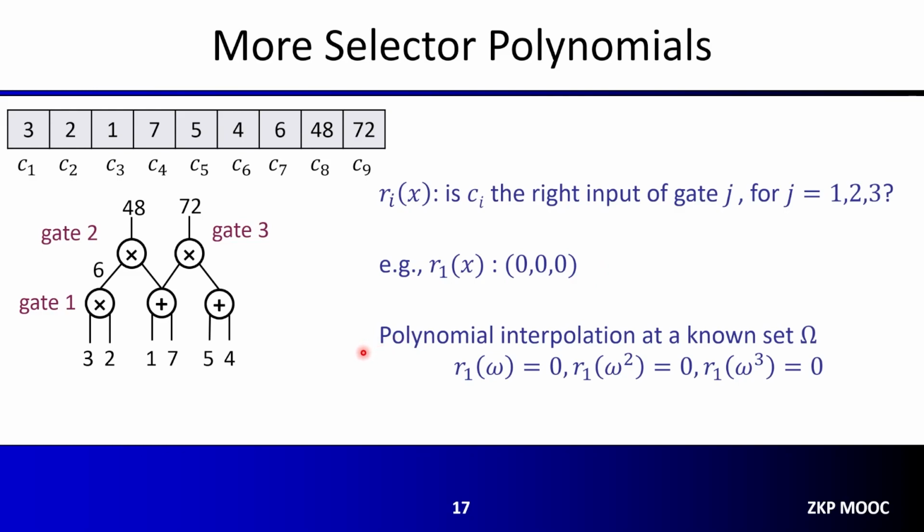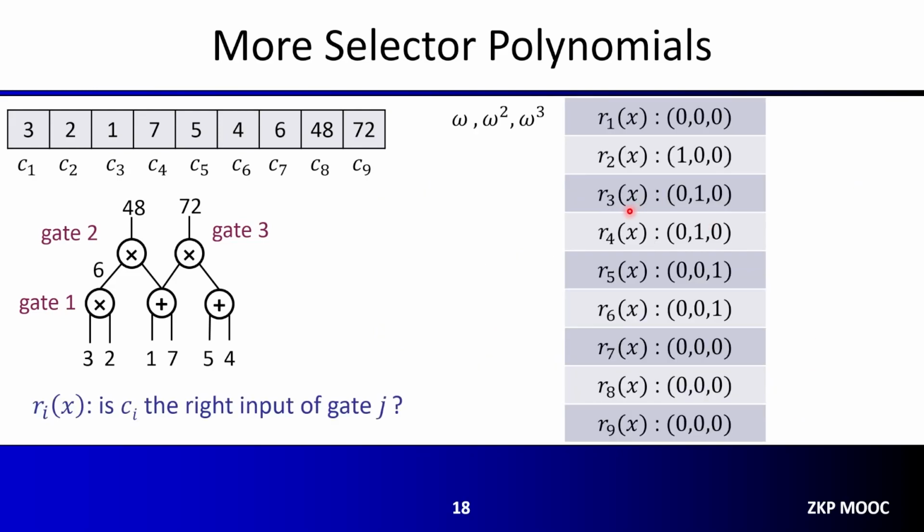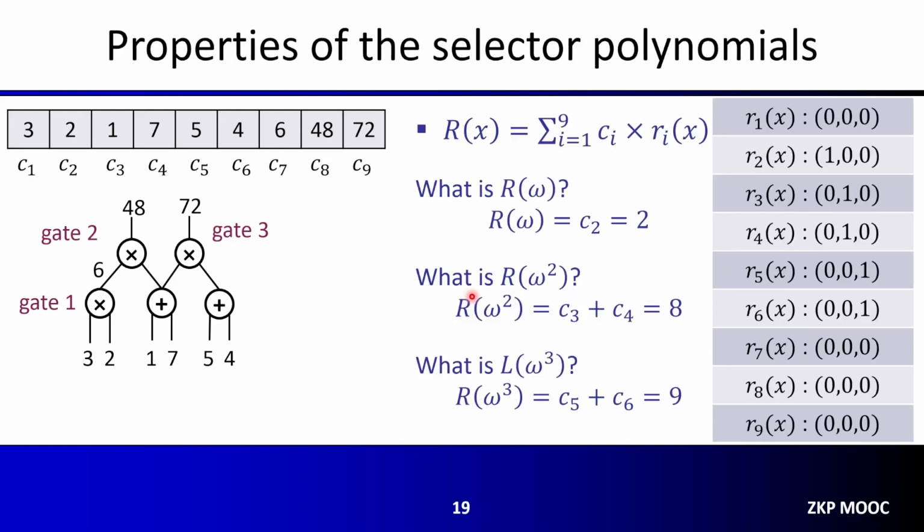And again, we interpolate this polynomial at the same known set generated by the root of unity, and we have a unique monic polynomial with degree 3 for R1x. Similarly, we're going to do it for R2x, R3x, all the way to R9x. And we have this another table for the selector polynomial Rix that corresponds to the right input of every gate.